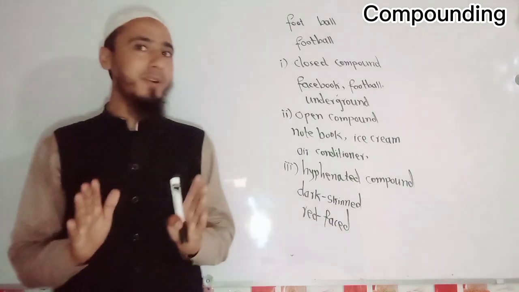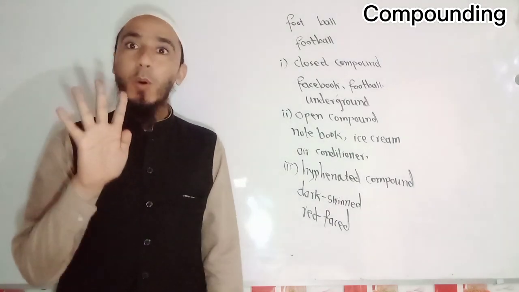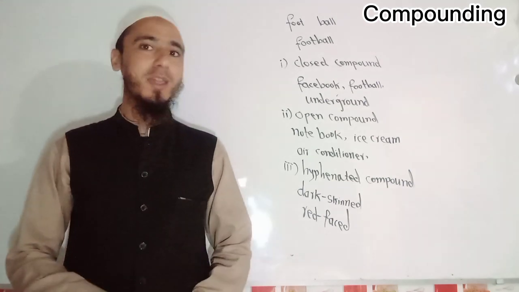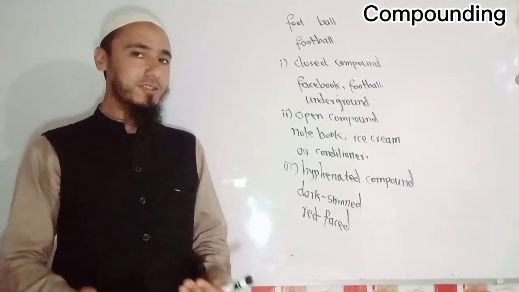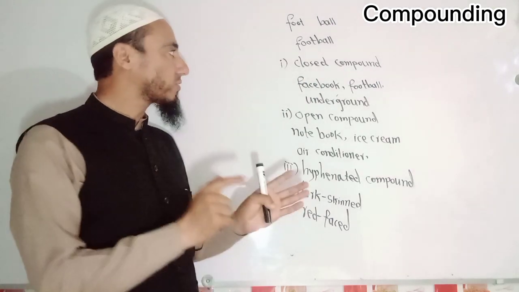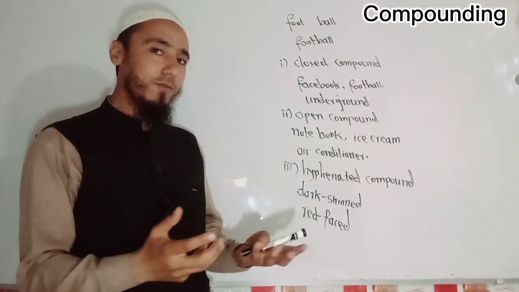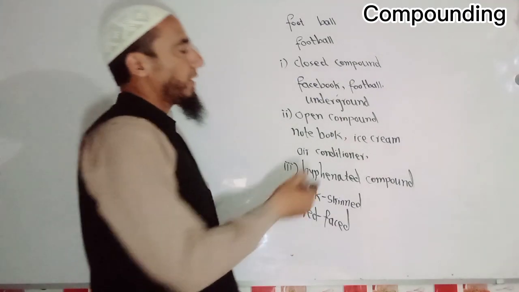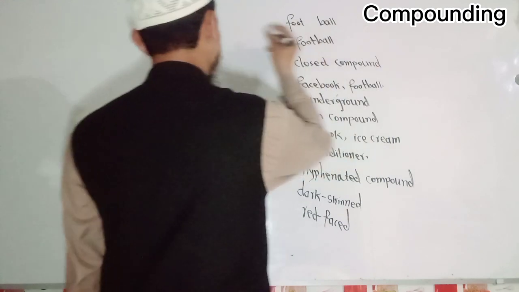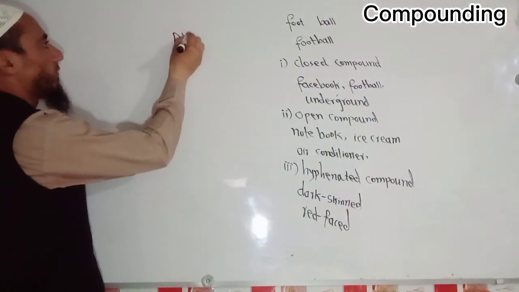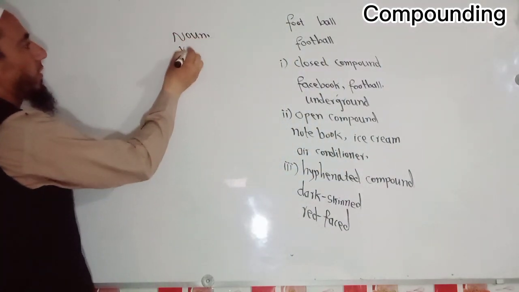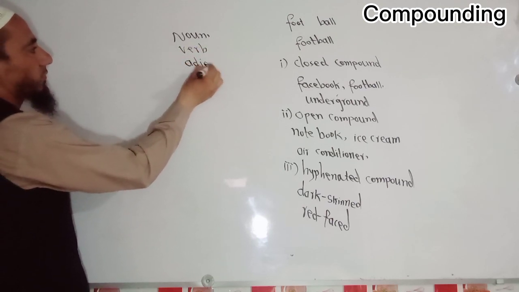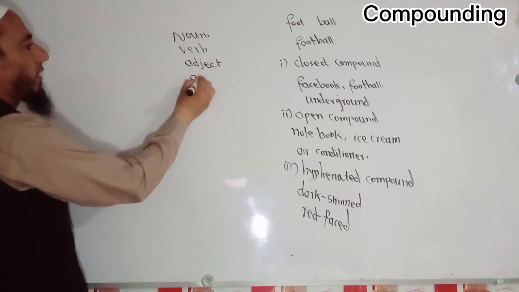Now, remember that there are four parts of speech which help us to make closed compound, open compound, and hyphenated compound. For example, they are noun, verb, adjective, and adverb.